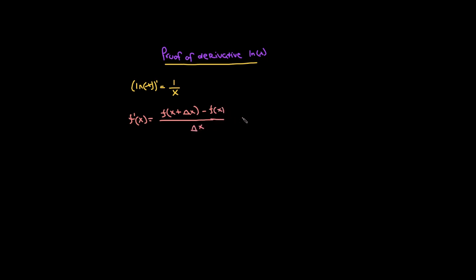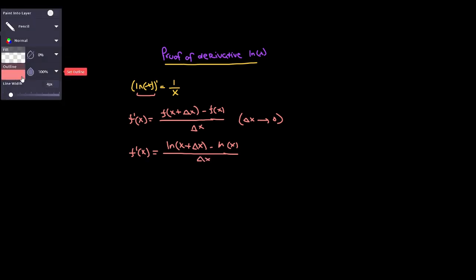And specifically it's what happens when this tiny nudge approaches 0. So let's fill in ln x, or log of x, for our function f, and that will give us this. Then the regular function, and divide out by delta x.